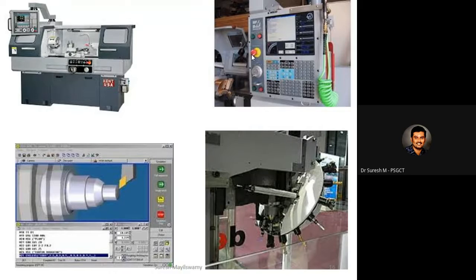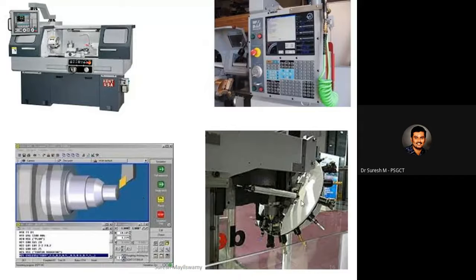Here we can see the simulation as well as the program we typed here. And here this is the simulation window. So this is the raw material, and this insert tool is used to do the machining operation here. And where to set the X0, Z0 work reference and where the tool reference is, we can see all the simulation by using the screen.